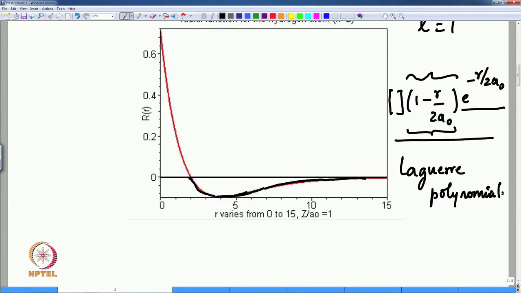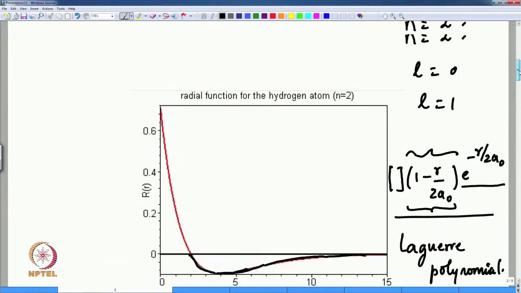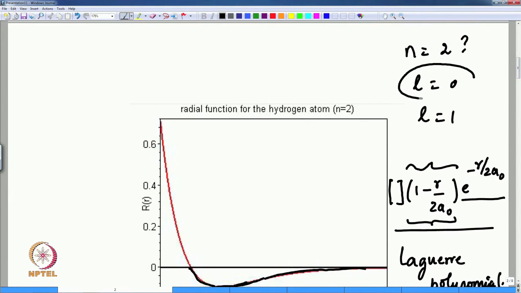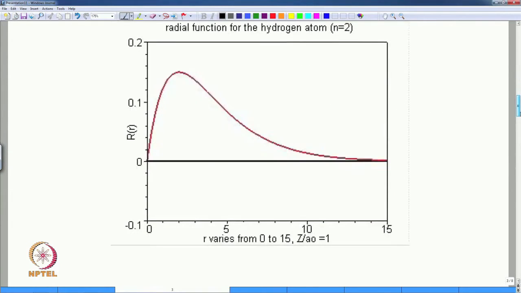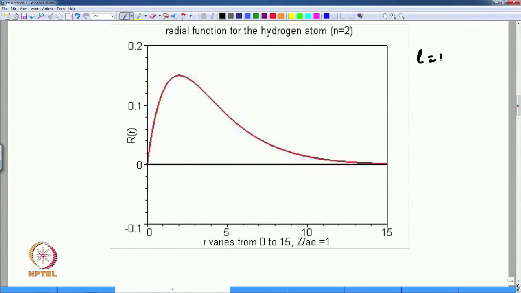Okay. I am sorry, this is the function for L equal to 0, and for L equal to 1, n equal to 2, the radial function that you have is r e to the minus r by 2 a naught, with again some prefactors, that is the normalization constants.